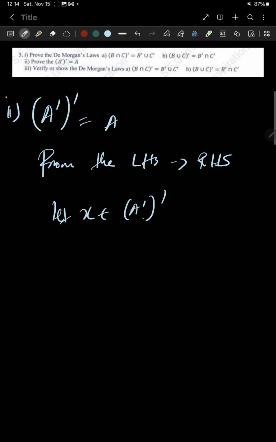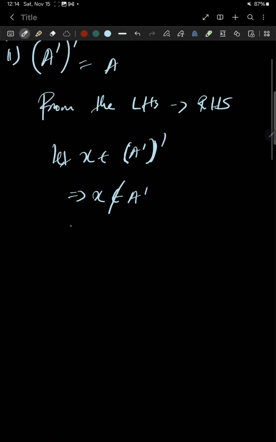Now notice, as I said, this whole thing is bound by this complement outside. So how do you remove this complement outside? You change the sign here, so meaning X is not a member of A complement, isn't it? Now if X is not a member of A complement, it means X is a member of A, right? And then you say conversely.